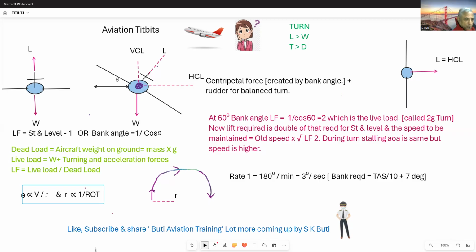Okay, if you want to maintain the same radius, maintain the same speed, but if you want to reduce the radius, then you'll have to reduce the speed also. So these three are interrelated. And the radius is related to the rate of turn, inversely proportional. You want to have a higher rate of turn, reduce your radius by putting more angle of bank, more theta. And V and R are interrelated with theta.